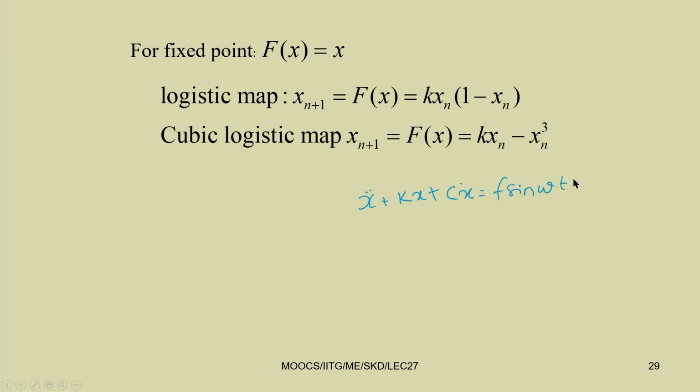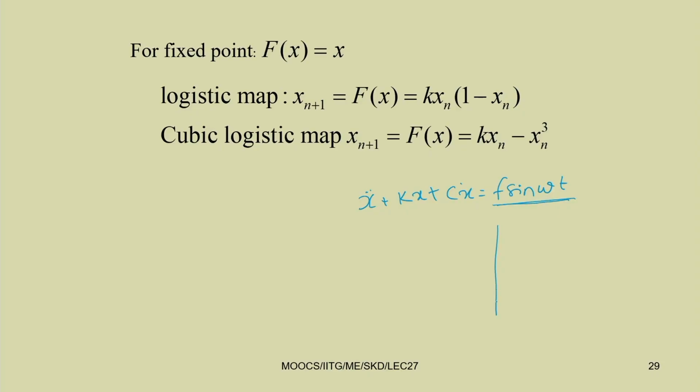You have studied both free and forced vibration response. In case of free vibration, the forcing part equals 0 and you have plotted for 3 different types of damping, that is underdamped, critically damped and overdamped.